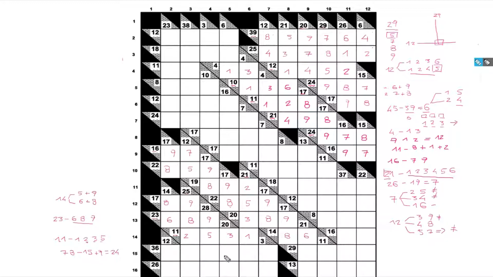Okay, let's see what is going on here. Here 28 minus 9 minus 5 is 28 minus 14 will be 14, and the other combination for number 14 is number 6 plus 8, and here will be 6 or 8.